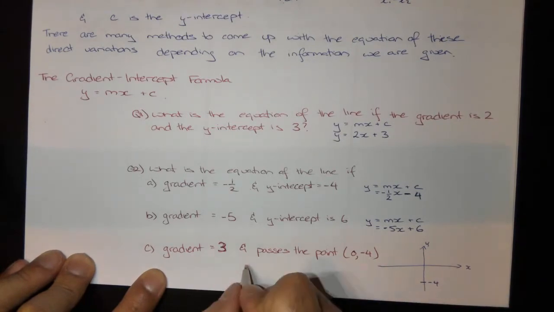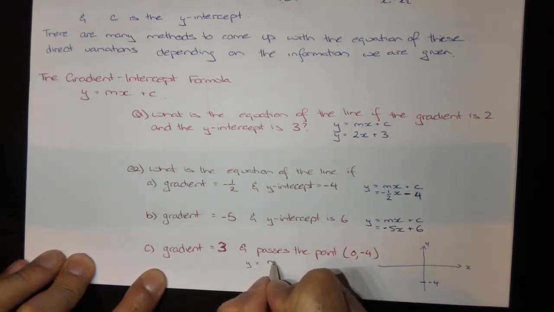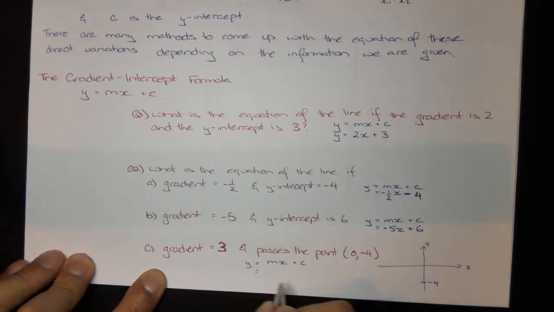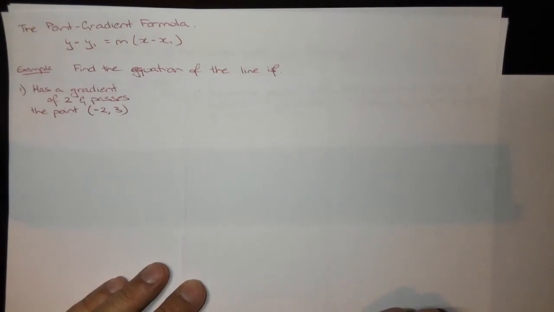Okay, so all I'm going to do, y equals mx plus c, m is 3, and c, well, the y-intercept's down here at -4. So that's the solution.